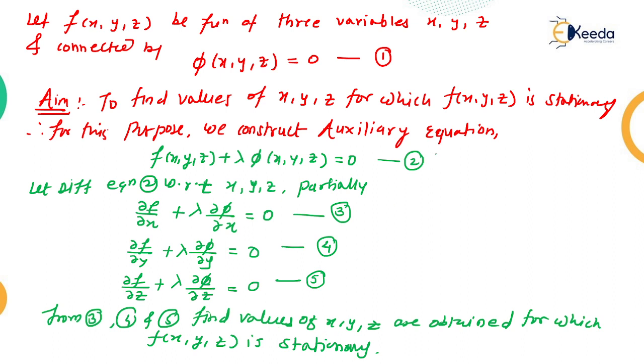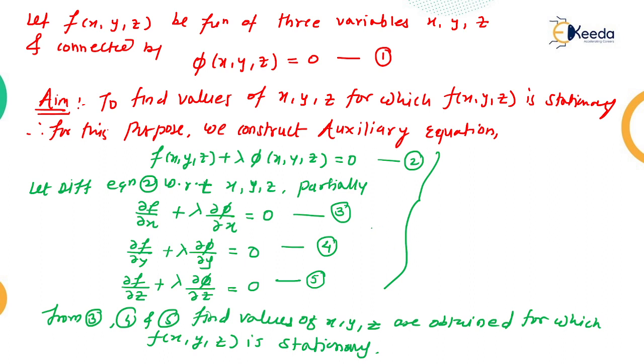Here is a very important thing to remember: this method of finding the stationary value is called Lagrange's method of undetermined multipliers, and equations 3, 4 and 5 are called Lagrange's equations.